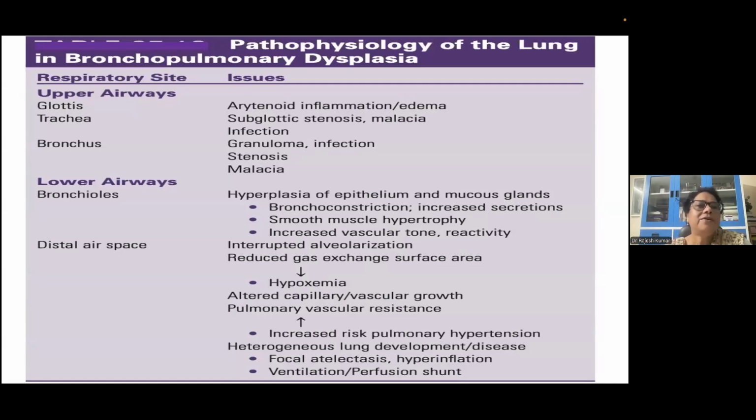So the pathology in bronchopulmonary dysplasia can be not only in the lower airways, but also in the upper airways. There can be changes in the glottis, trachea, bronchus, as well as in the bronchioles and distal air spaces. These all can lead to hypoxemia and hypercarbia. Along with that, there is also high risk of pulmonary hypertension.